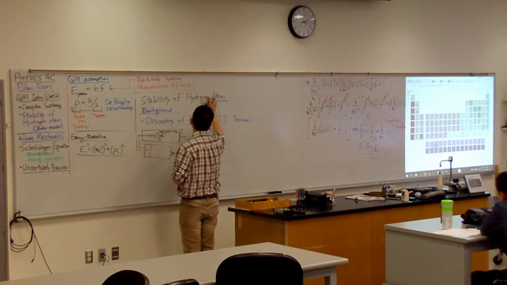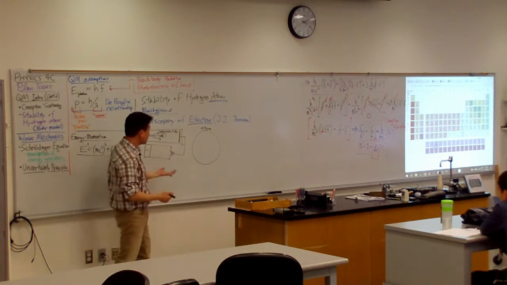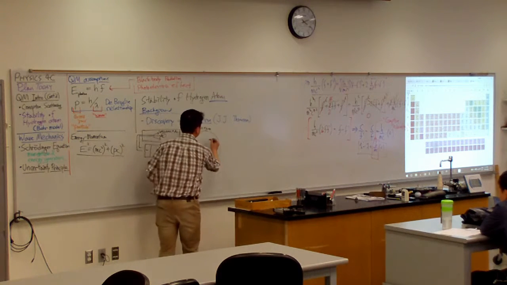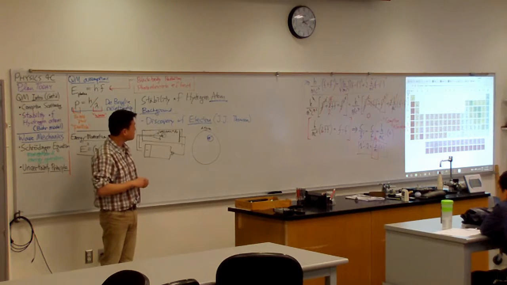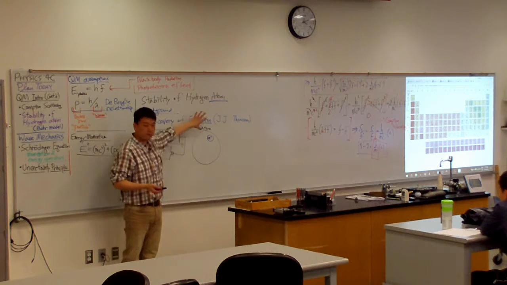So from this discovery of the electron and the experiments they have done, they know that this atom must contain electrons somewhere. All right. So what else should this atom have?